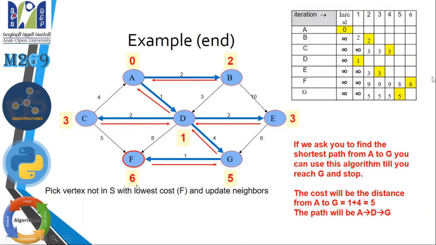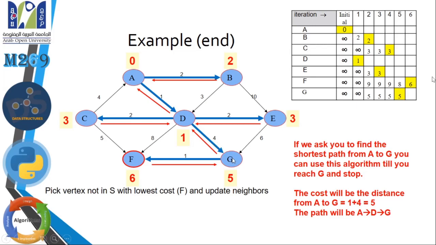Now, select any city as a target, starting from any city you want. You will discover that you have the shortest path. So I need to go from A to F. I'll go to D, that is 1. Then I will go to G, that is plus 4.